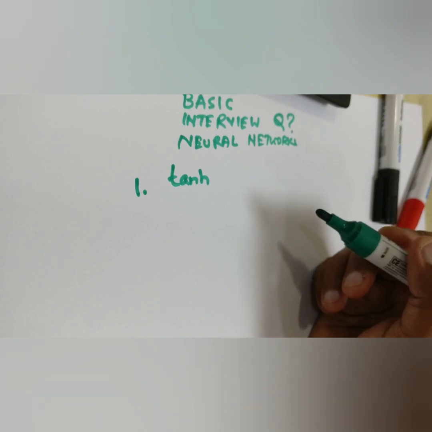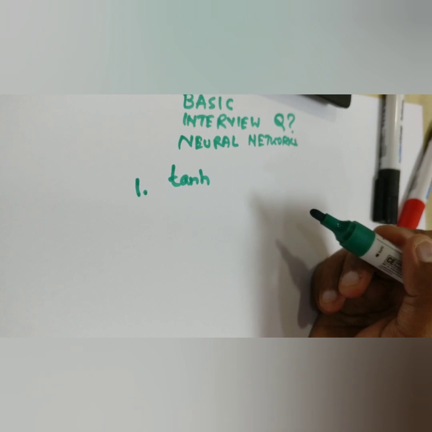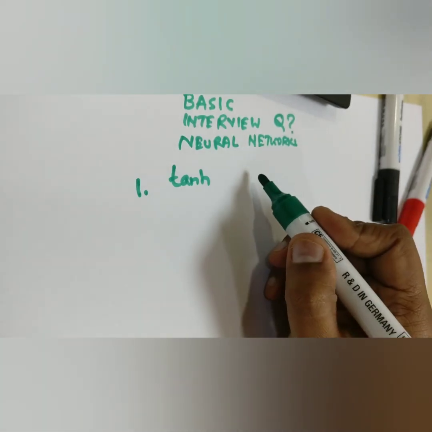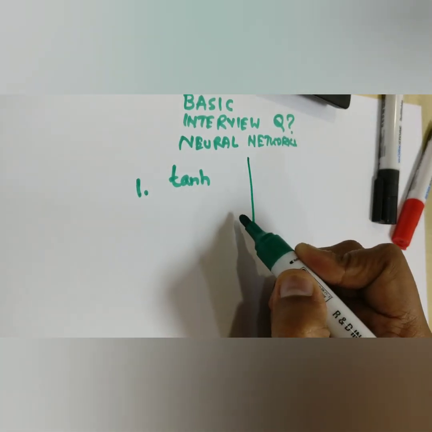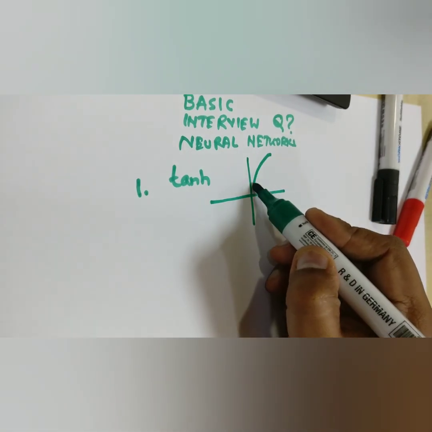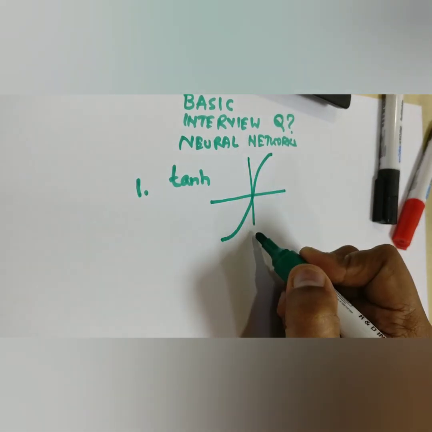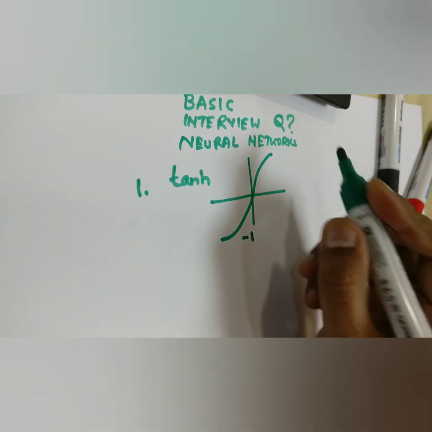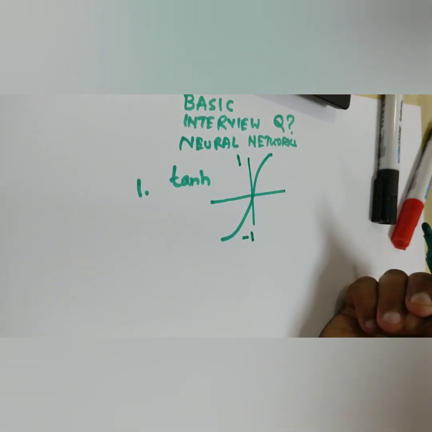And also, why do you think that the tanh function should be used as an activation function in the output layer? So first, let's see this. The tanh function looks somewhat like this, right? And this is -1 and this is 1, correct?